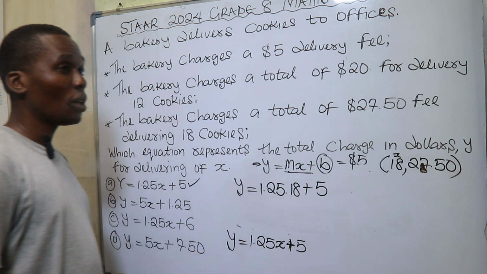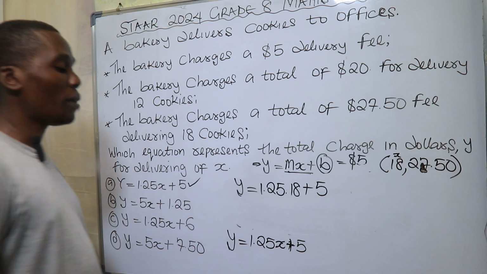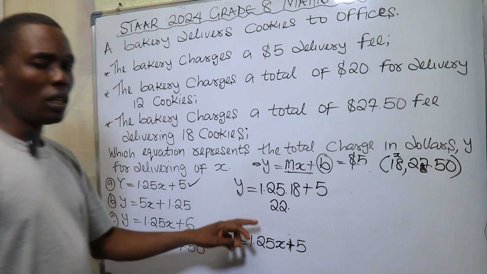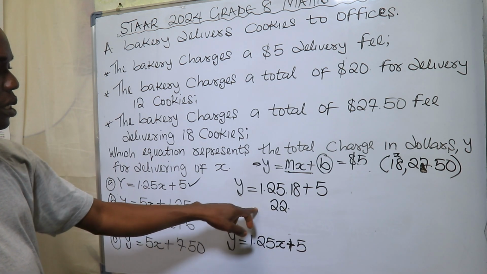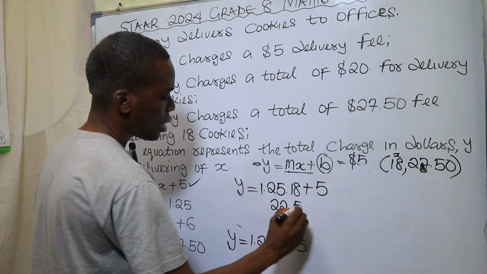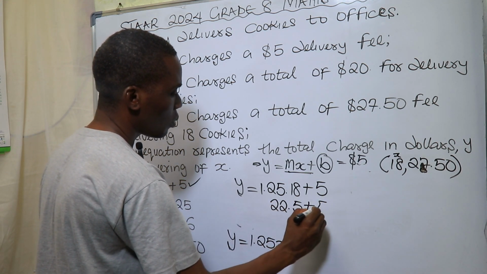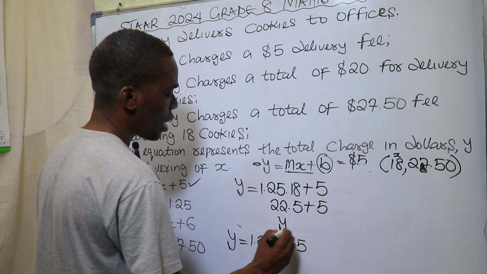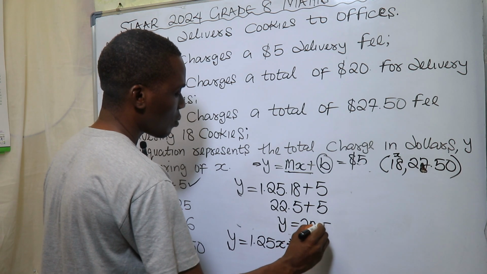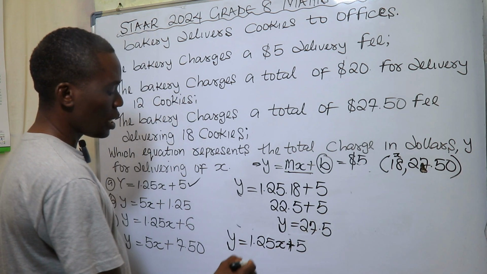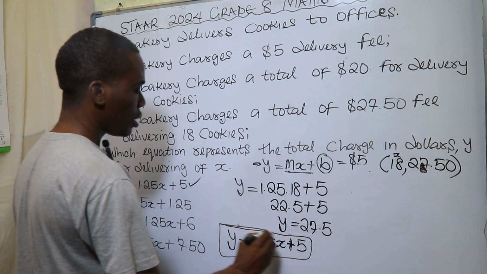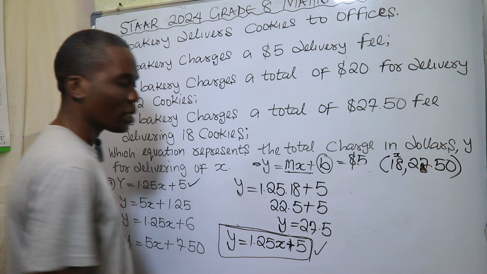What would that give us? 1.25 multiplied by 18 is going to give me 22.5, right? Now if I add this to 5, what will it give me? I'll have my y equal to 27.5, which tells us that this expression is absolutely correct.